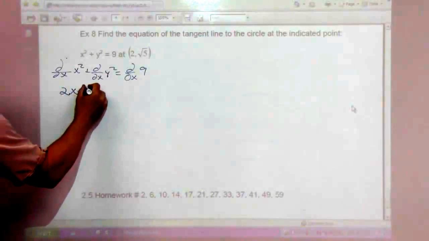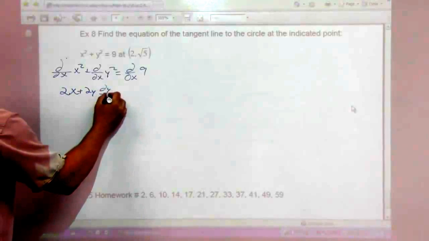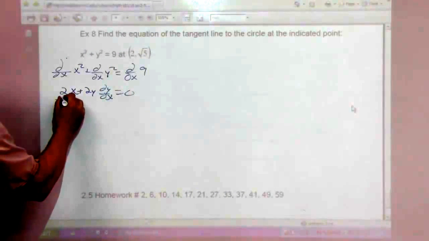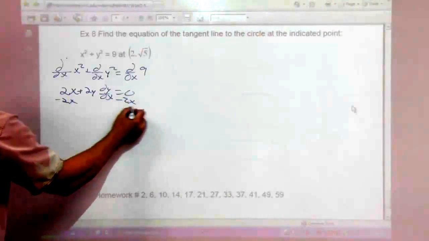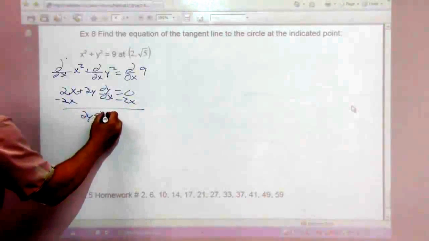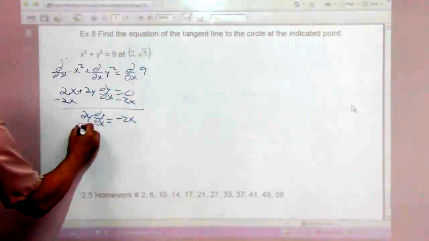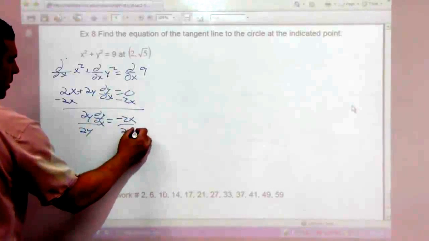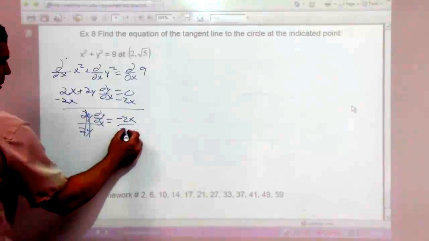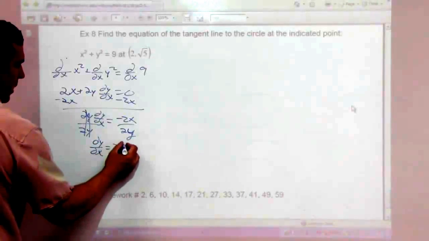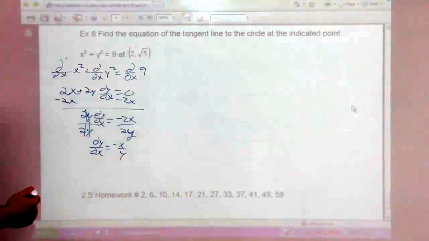It's 2x plus 2y dy dx equals 0. So subtracting 2x, 2y dy dx equals negative 2x, and dividing by 2y, so dy dx equals negative x over y.